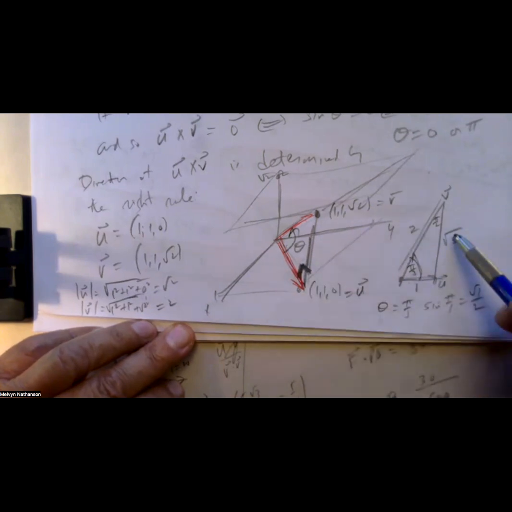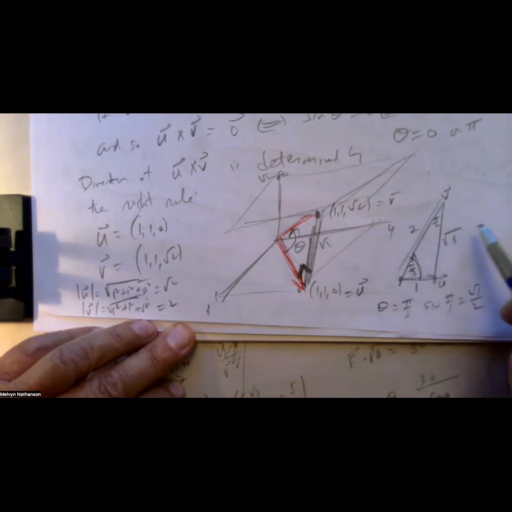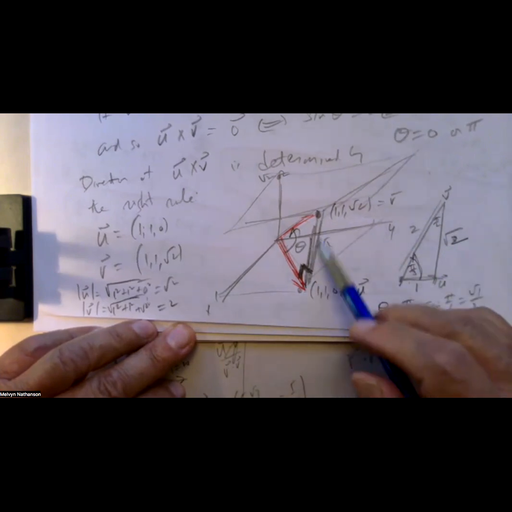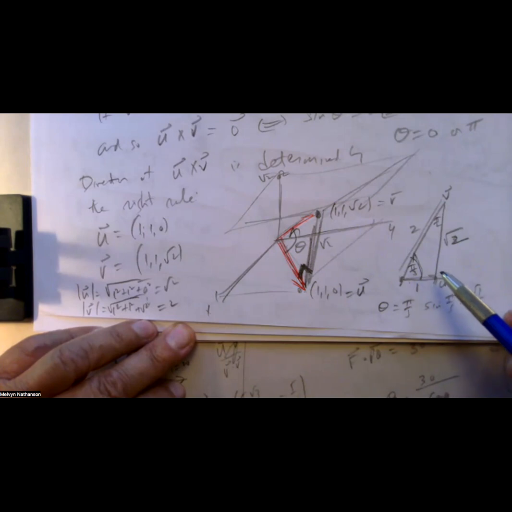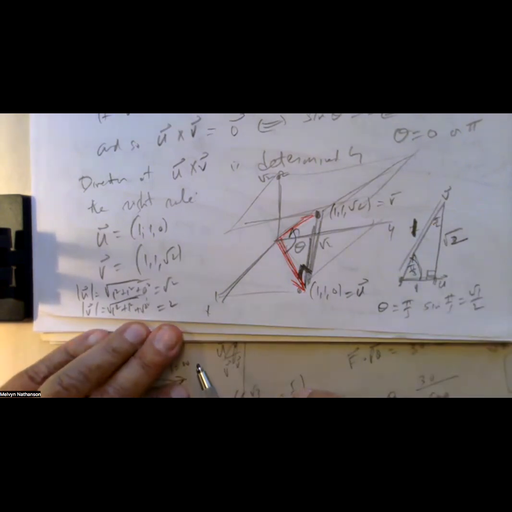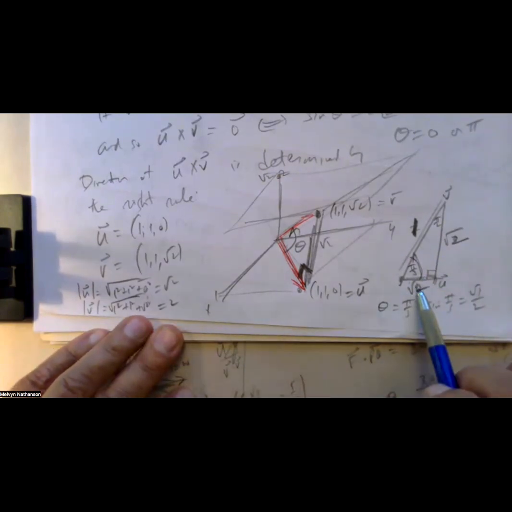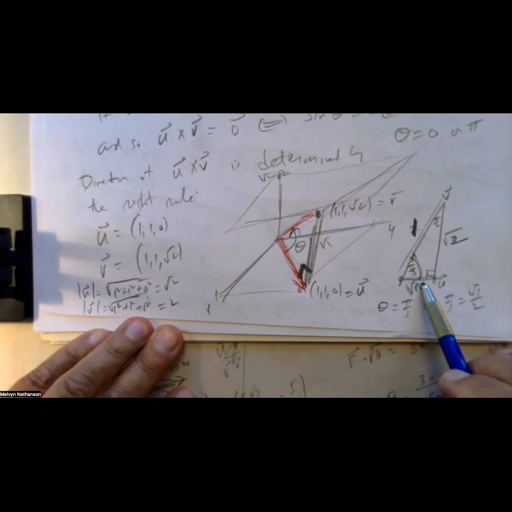So in this triangle, this height is square root of 2, and this is the square root of 2.